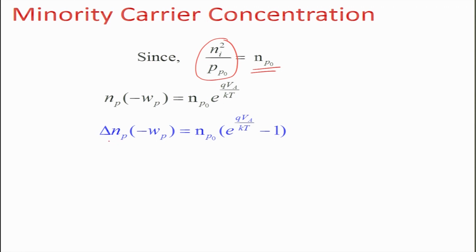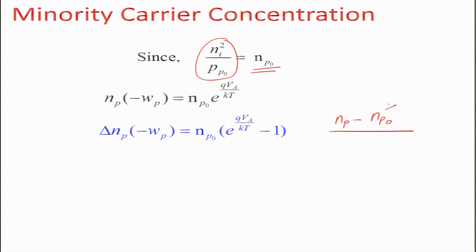Now I can write what is delta Np, the change in carrier concentration. So delta Np at minus Wp is equal to Np at minus Wp minus Np naught, with respect to the original one. So essentially it is Np minus Np naught.